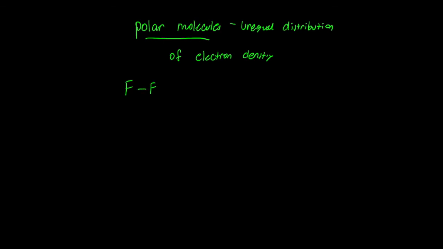Polar molecules have unequal distribution of electron density in them, okay? So we talked about fluorine, how it's equal and opposite, right? And how hydrogen chloride, for example, would be unequal bonding.